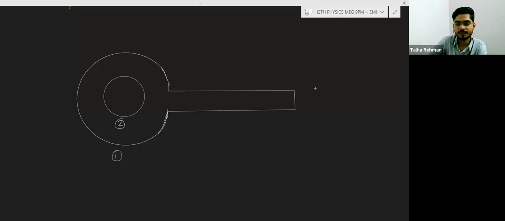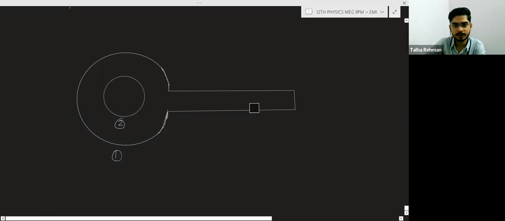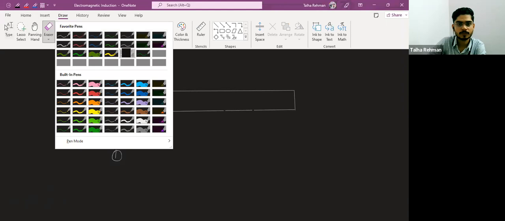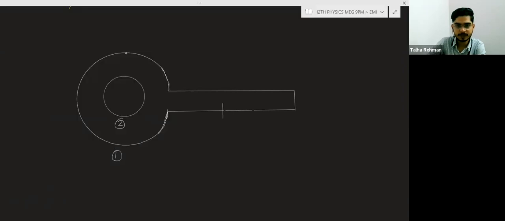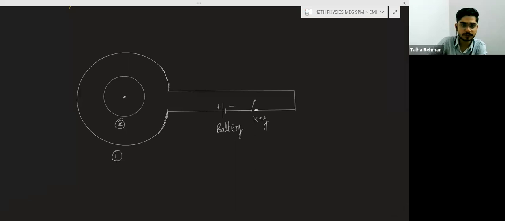This is the center. This arrangement is given.